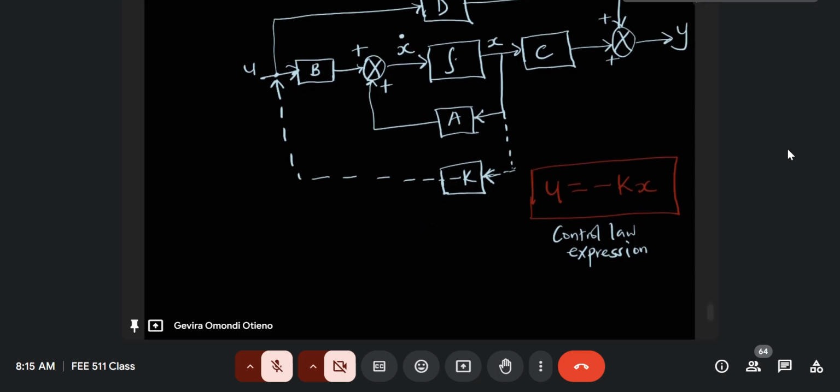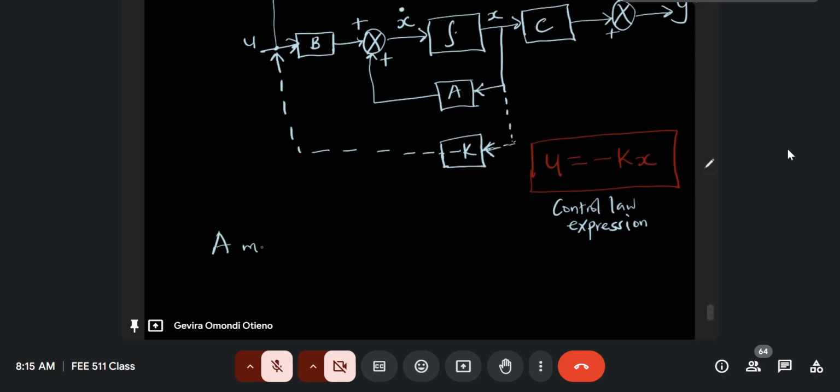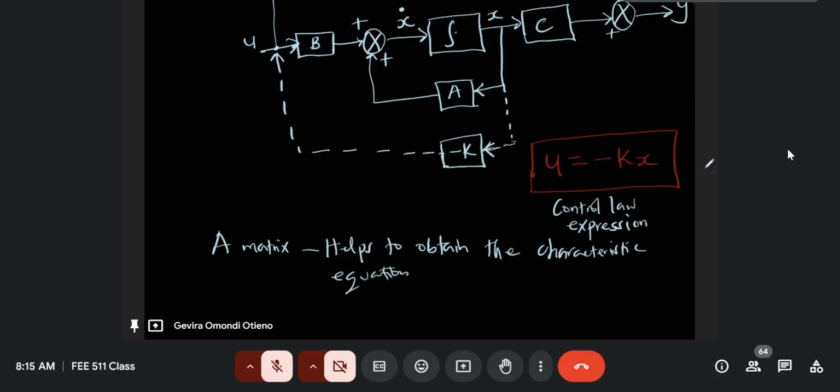So the A matrix helps to obtain the characteristic equation. It's a very, very important matrix, and you'll see that in our analysis today of the transfer function.